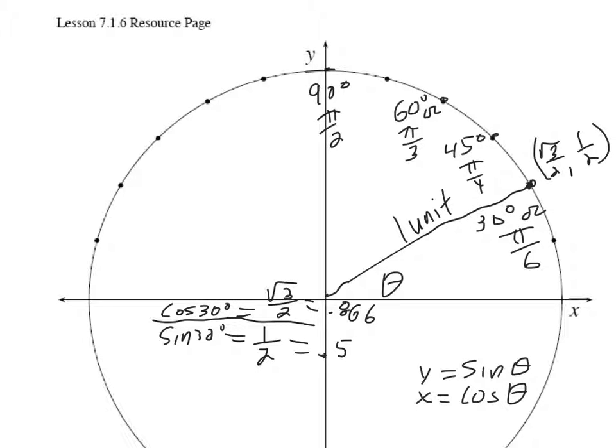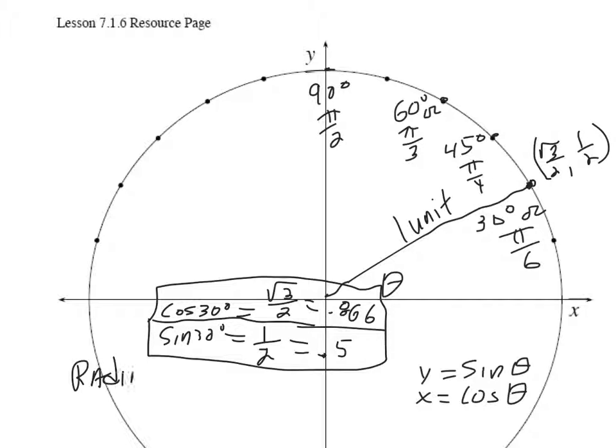Okay, hopefully you're back now. And you've shown that the cosine of 30 degrees is 0.866, which is equivalent to the square root of 3 over 2, and the sine of 30 degrees is equal to 1/2. Well, if you switch your calculator into radian mode and type in the cosine of pi over 6, you'll get 0.866.